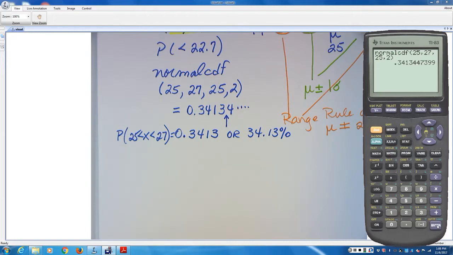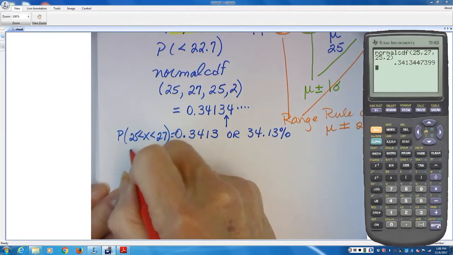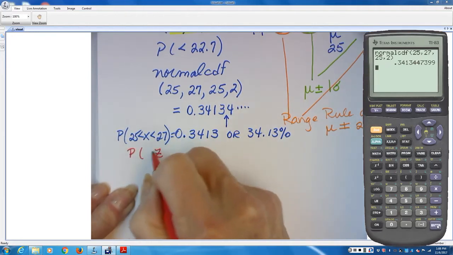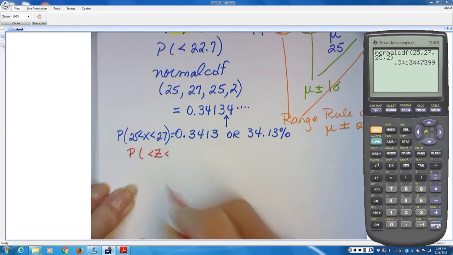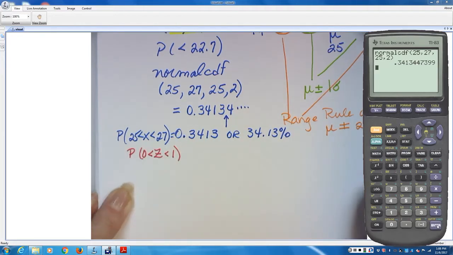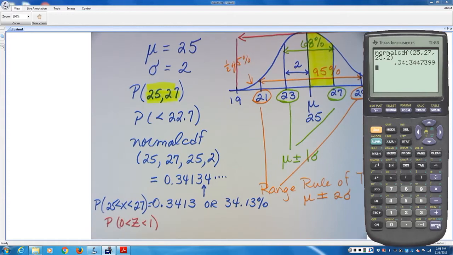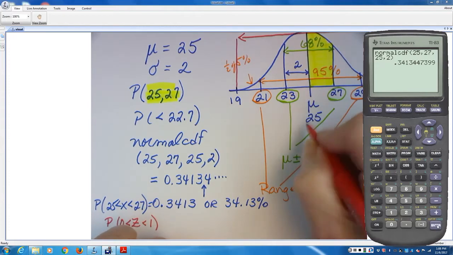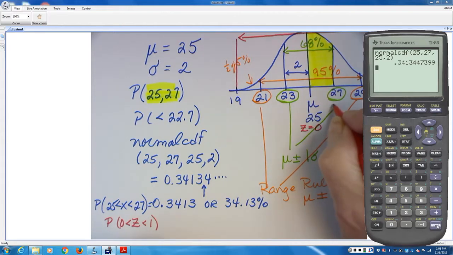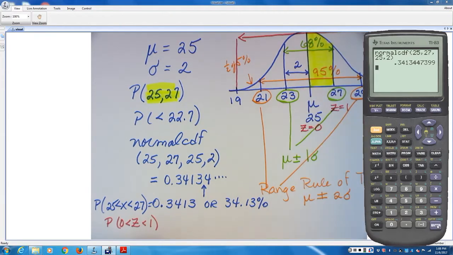And that would be exactly the same thing as saying find the probability that Z is between 0 and 1, because here our Z-score is 0 and one standard deviation above that is where 27 is.